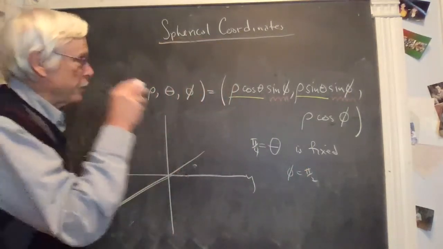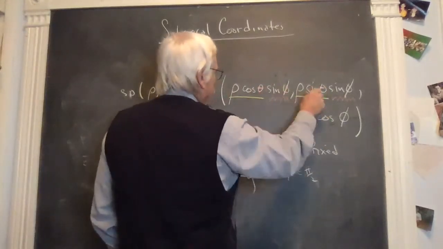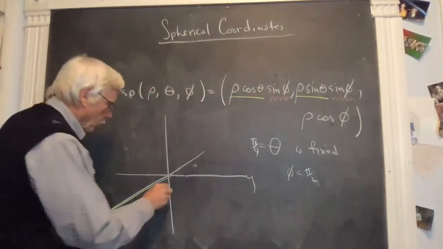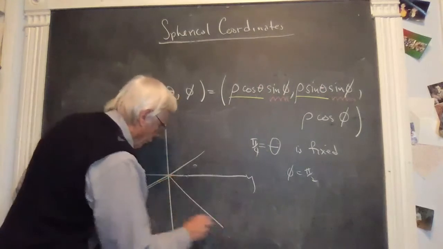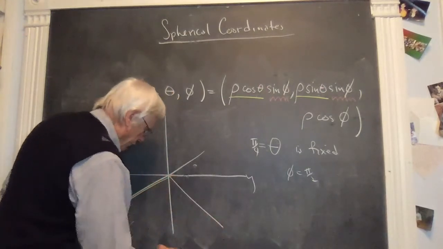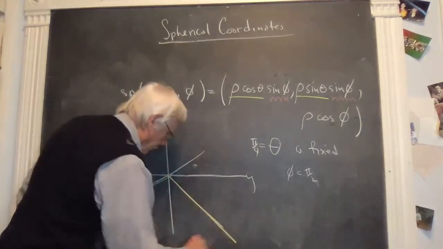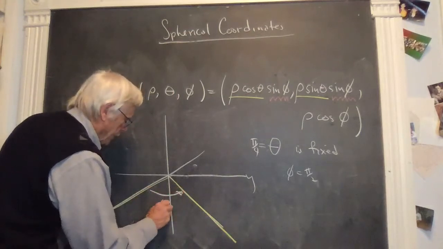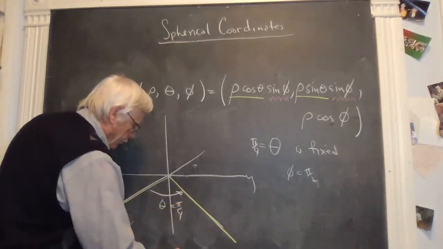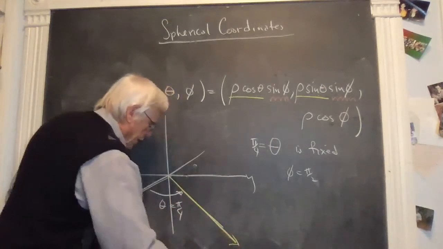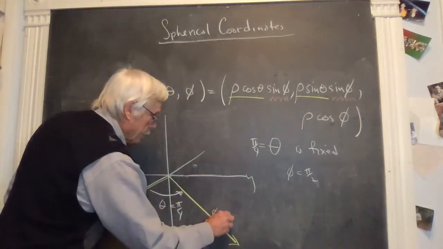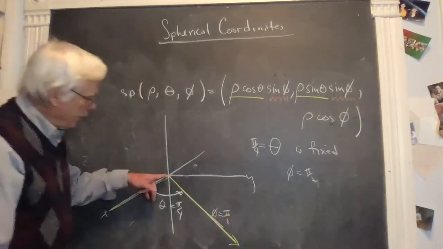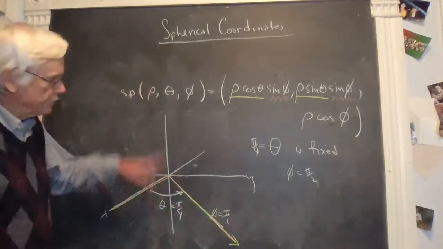If phi is pi over 2, then this term is 0, and these two terms are just polar coordinates in two variables. So theta is pi over 4 gives you this ray of lines. And these are when phi is pi over 2. And rho can be anything, so you get this whole ray for sure.